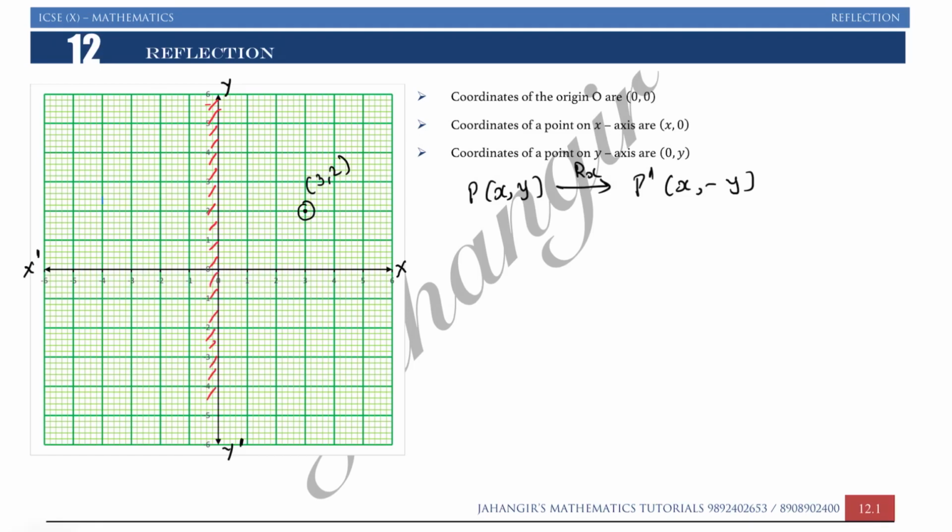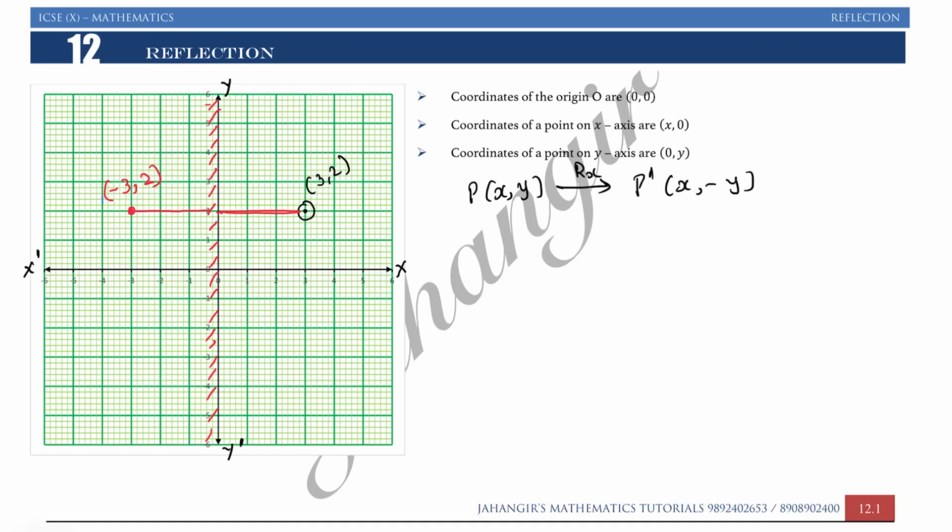Now this is the point, and this is the y-axis. When you reflect in the y-axis, the distance between the point and the y-axis is 3 blocks, so here also 3 blocks, it will go away. Image distance and object distance are always the same. Those who are learning physics may easily understand what reflection is. Here 3 comma 2 becomes minus 3 comma 2.